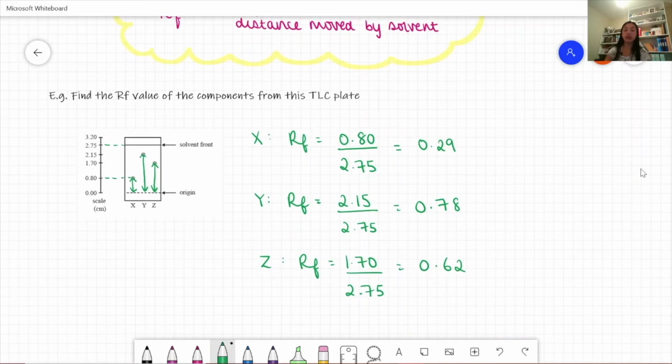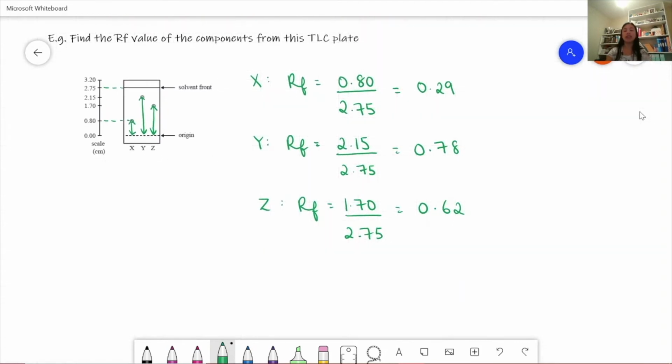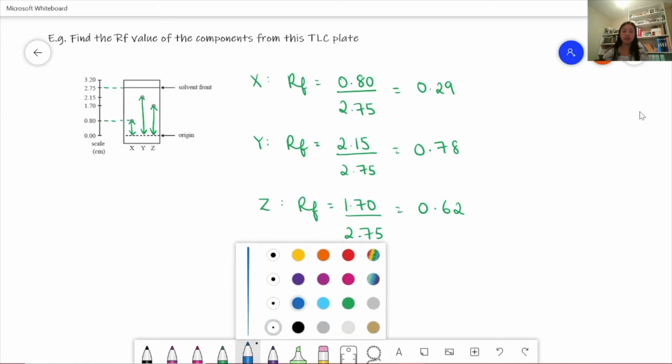And so what we can conclude from this data is that first looking at the plate, we can see that y has moved further up the plate. So therefore, it's got a higher affinity for the moving phase, for the solvent. And then looking at all the RF values, y has got the biggest.